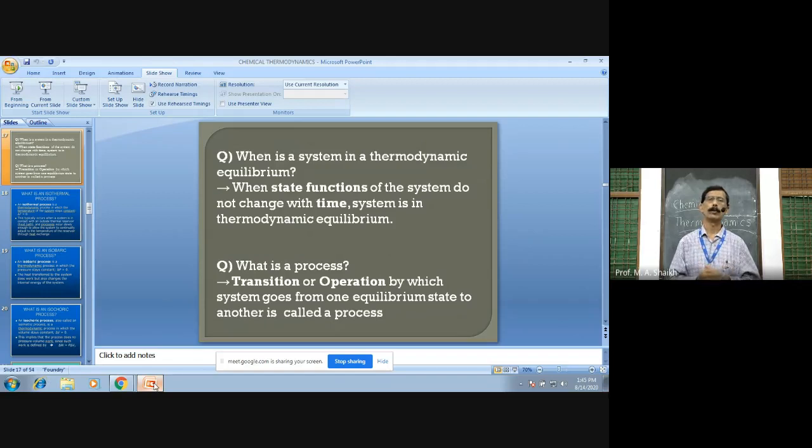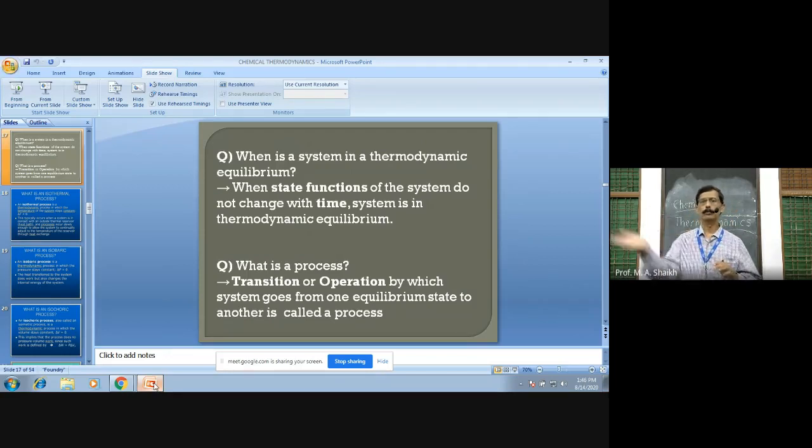Your answer should be: the transition or operation by which a system goes from one equilibrium state to another equilibrium state. Here we have to think about the chemical operations.